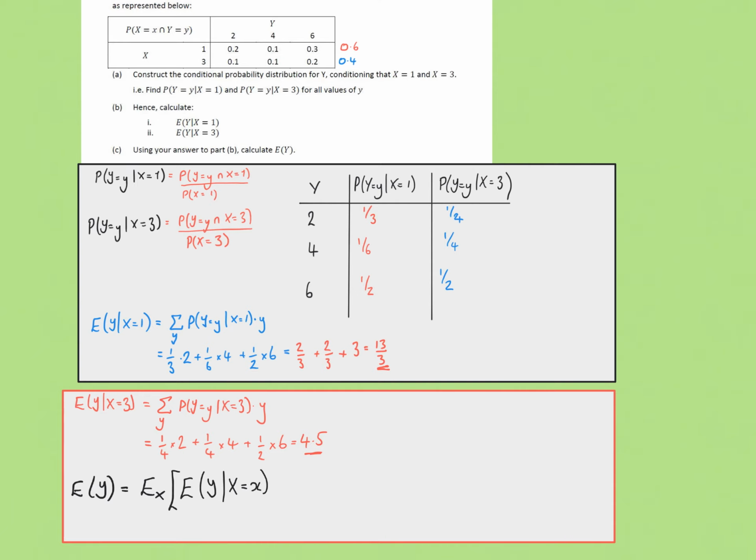What this means is that effectively we're going to weight each of our conditional expectations by the probability that x is equal to each particular value.